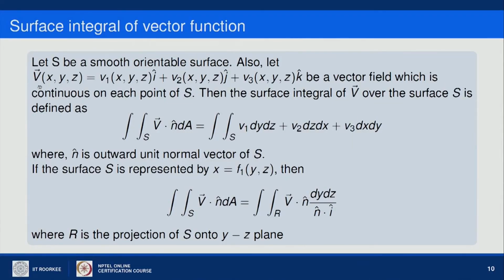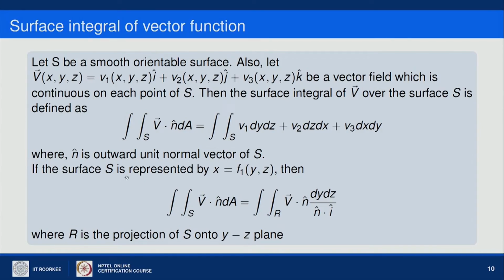Also, let the vector v, which is having components v1, v2, v3, those are functions of x, y and z, be a vector function which is continuous on each point of S. Then the surface integral of v over the surface is defined as the double integral over S of v dot n dA, and this can be written as double integral over S of v1 dy dz, v2 dz dx plus v3 dx dy. Here in this definition, the unit normal vector n is the outward unit normal vector of S.